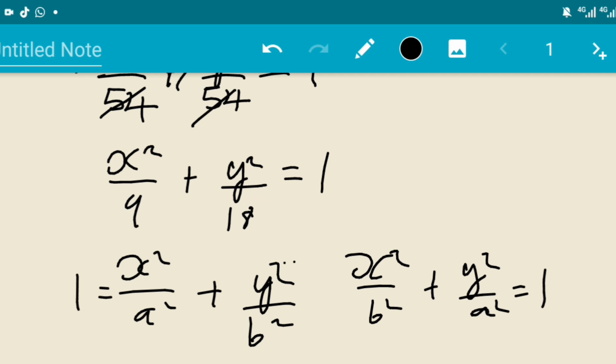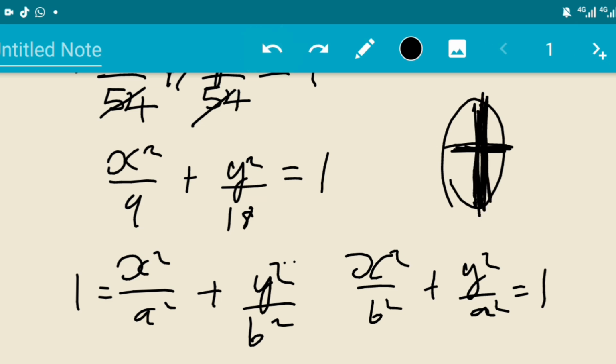Now when we look at this, this would be the case if the ellipse is oriented like so, because in the x-axis it is smaller than in the y. In the y, this line is the major axis because it's bigger, so it has a.